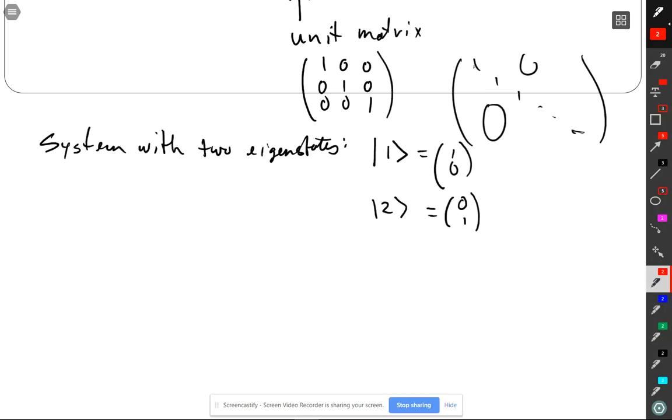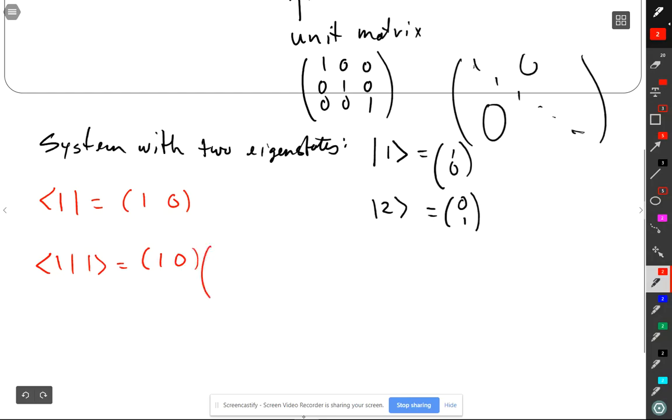When using vectors, and I talked about this before, bra 1, you take it and you transform it. So that's bra 1. And so if I do bra 1 ket 1, that's equal to (1, 0)(1, 0). When you multiply these through, you take rows and columns.